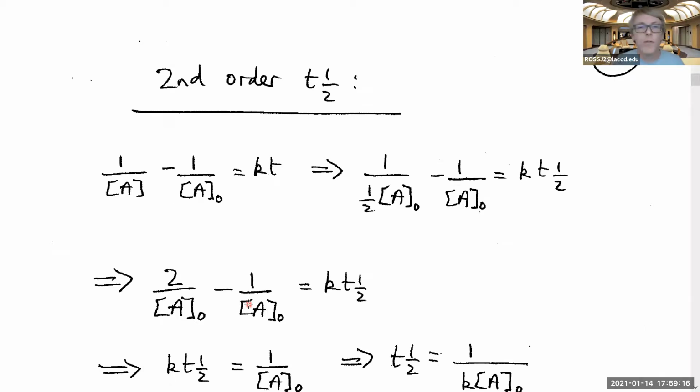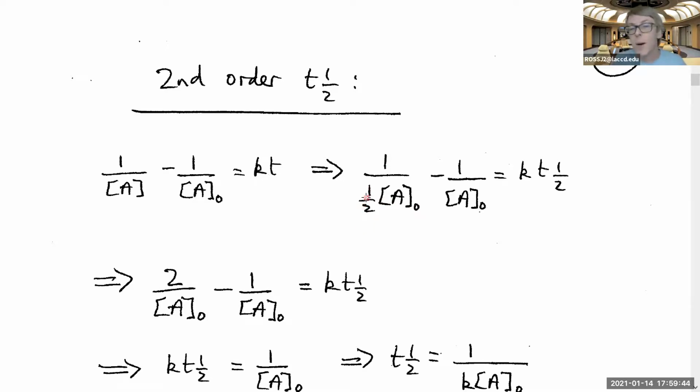Okay, and now finally we'll go for the half-life. So we have our integrated rate expression here. As usual, at the half-life, t becomes t a half. So A at time t becomes a half A at time t equals 0. So we substitute this term on the left, 1 over A at time t, with 1 over a half A at time 0.